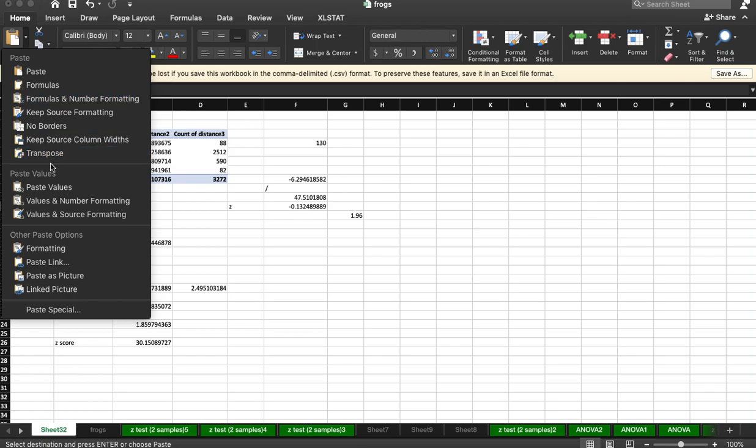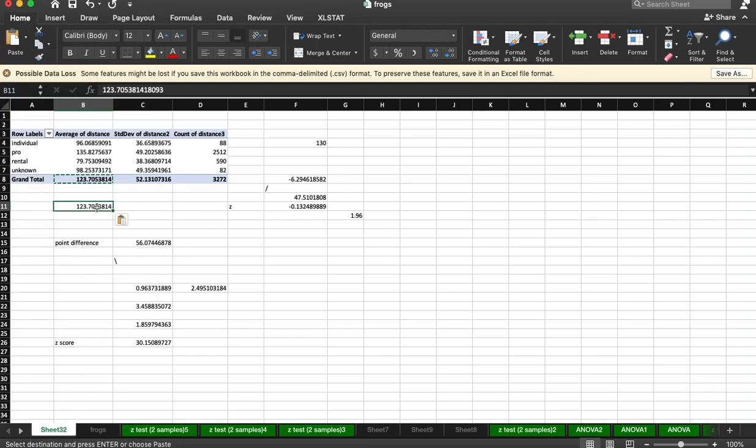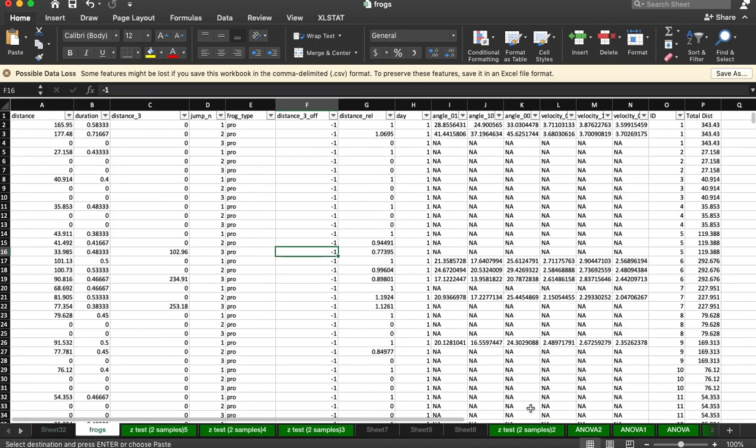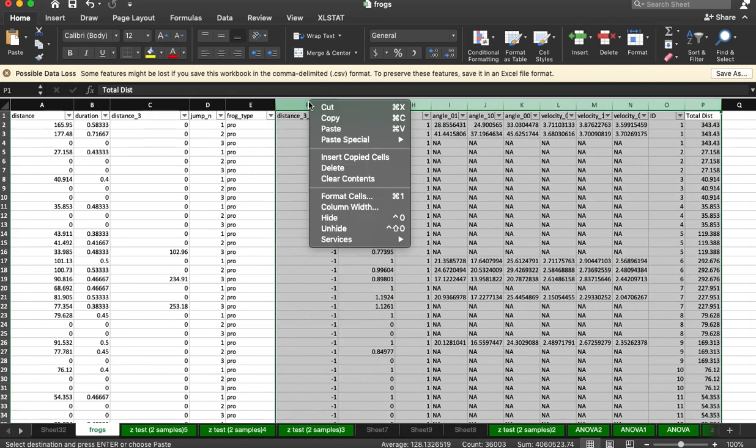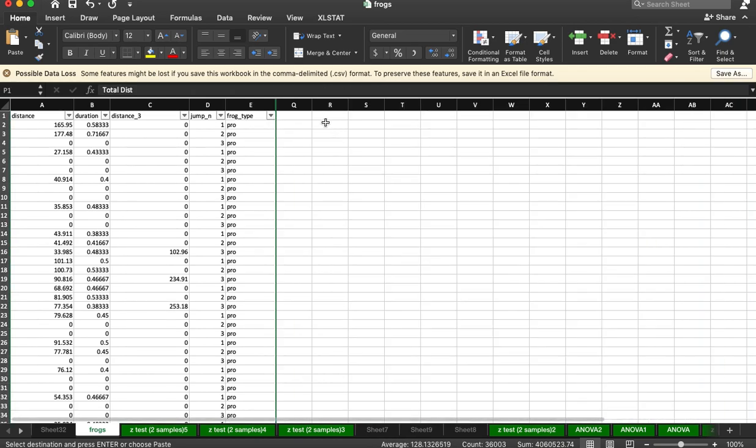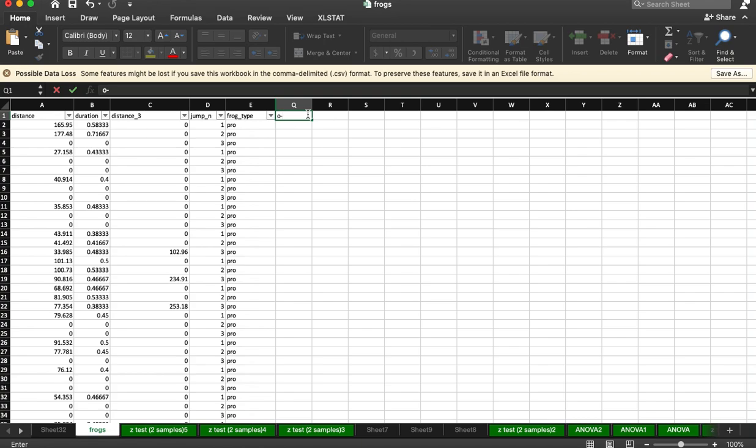I'm just going to paste it here so I've got it. So it's 123 centimeters. What I need to do first, I'm going to go ahead and hide those. This is going to be the observed minus the grand mean.